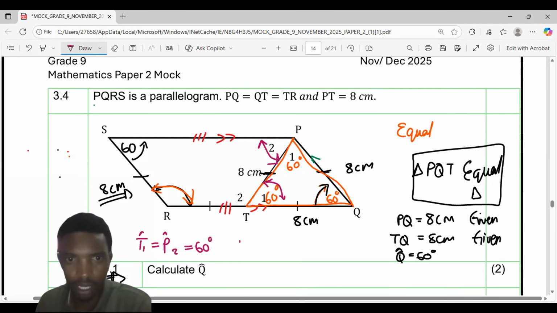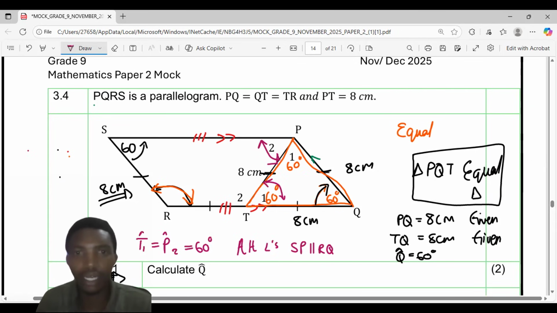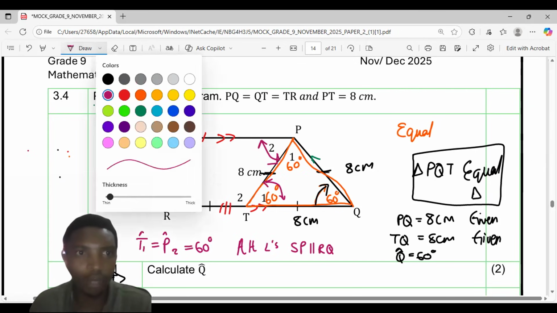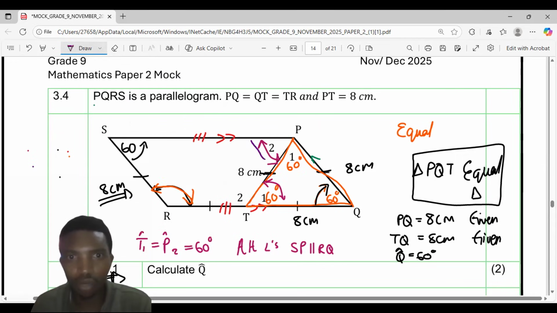alternating angles. They are alternating angles because SP is parallel to RQ. So now, when that is the case, we need to know how much is that whole angle here.